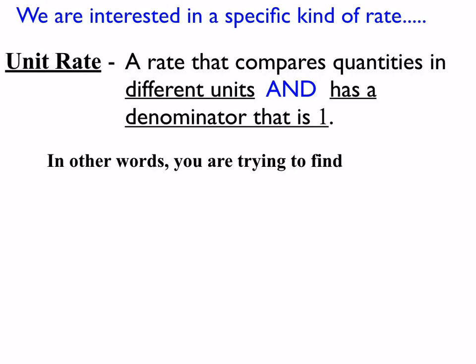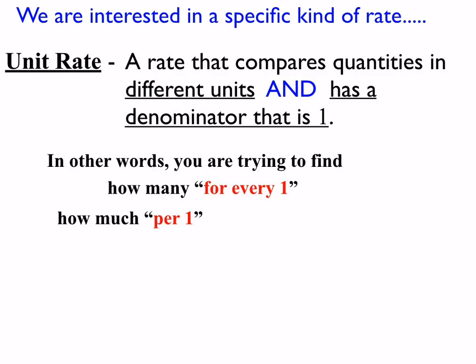In other words, you're trying to find how many for every one. How many for every one? How much per one? Or for each one? And there are lots of different ways of phrasing that. But the idea is how many for each one, how many per one, how much per one.